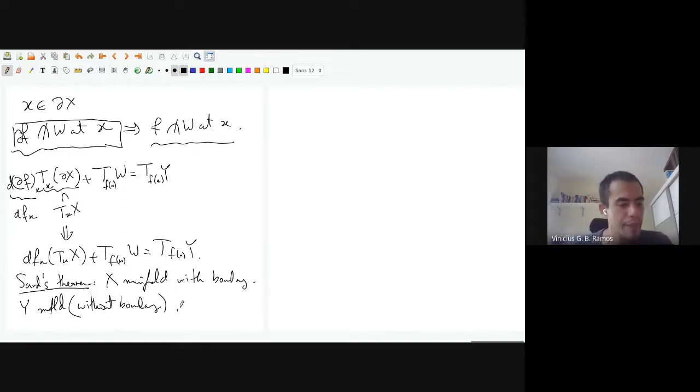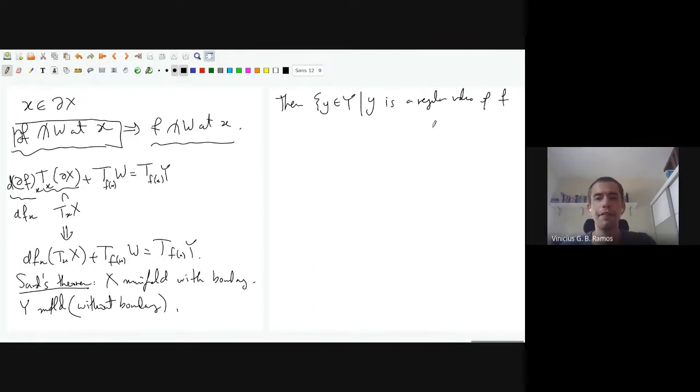But then the set of y in Y such that y is a regular value of F and of the boundary of F has measure 0.